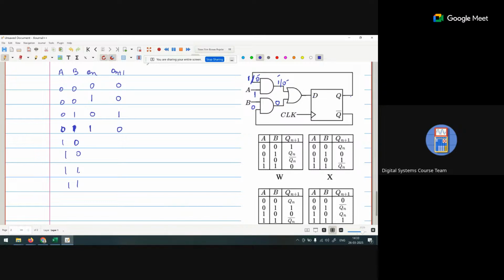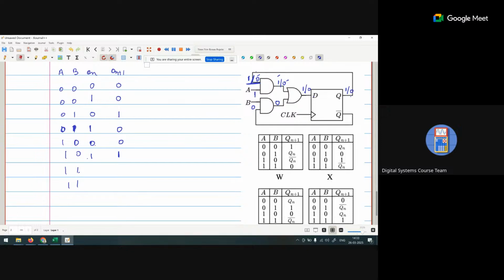If it is a 1, we are getting a 1 here. If it is 0, we are getting a 0. And finally the output is 1 and 0. So for the input that we applied, if Qn is 0, we are getting 0. If Qn is 1, we are getting a 1.